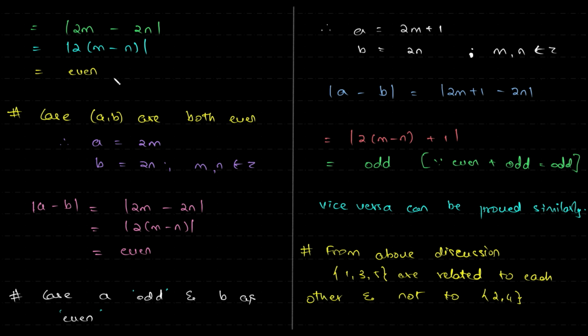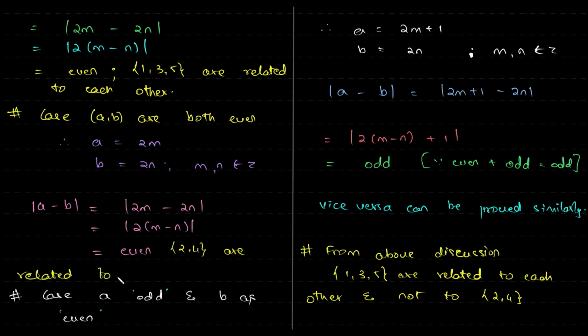So here 1, 3, 5 are related to each other. From this, what can we conclude? 2 and 4 are related to each other. Therefore they are related to each other.